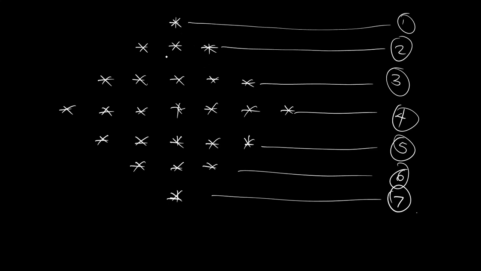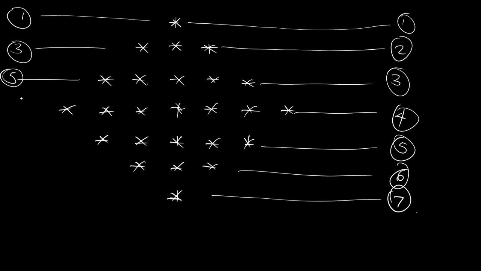And if you check the way the numbers are written, the first one you have 1 star, the second one you have 3, the third one 5, the fourth one 7. Now it comes down to 5, 3, and 1.